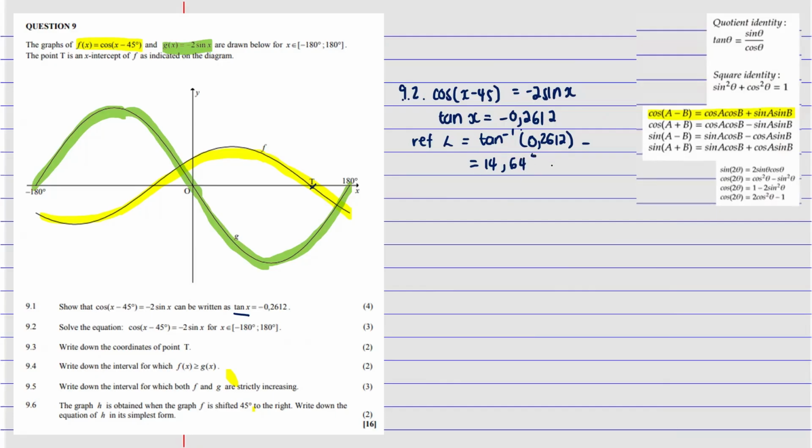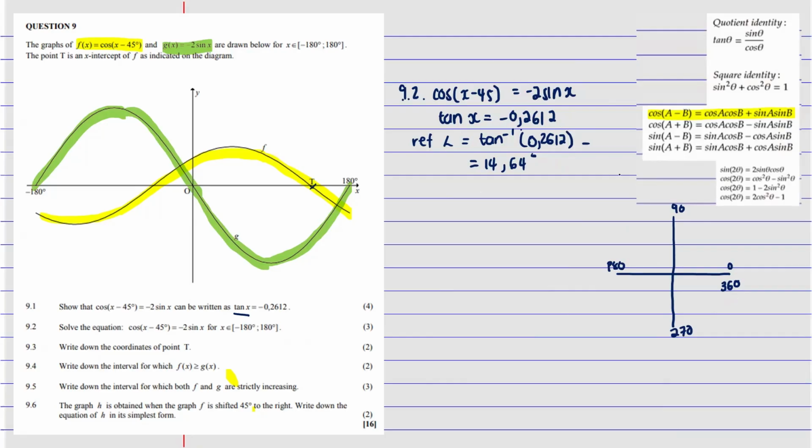Yes, ma'am. So now, after finding the reference angle, we need to know which Cartesian plane, right? Where is our solution going to lie? This is going to be 0, this is going to be 90, this is 180, this is 270, and this is 360. Now, very important, our tan is negative.